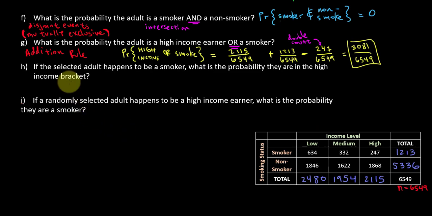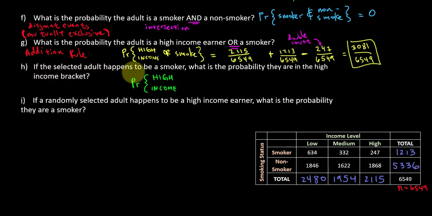Let's go. Part H. If the selected adult happens to be a smoker, what is the probability they're in the high income bracket? Notice with this question, the probability of interest is what's the chance they're in the high income bracket? Probability high income. But notice that they are giving us a particular set of circumstances.